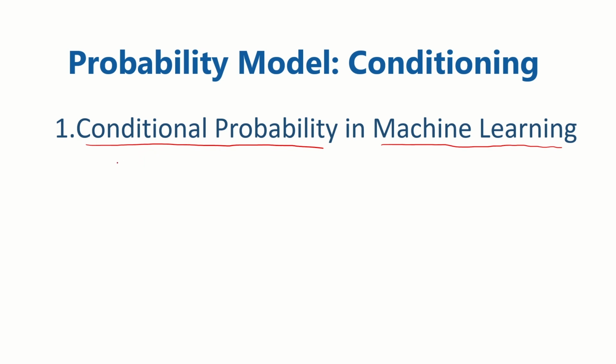Let me give you examples of how machine learning uses this conditional probability. Before describing the use of conditional probability in machine learning, let me first tell you a little bit about random variables.